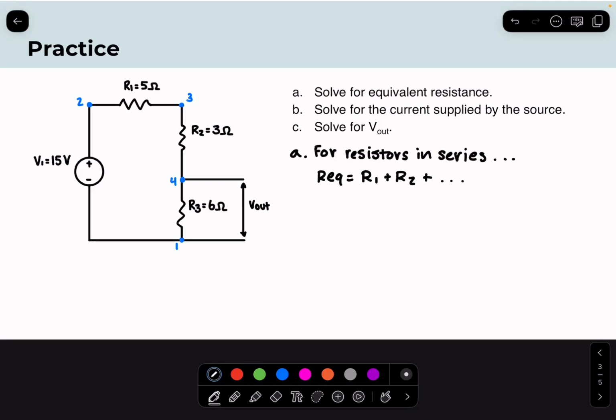There's a general equation to Rn. Applying that to this specific circuit here, the equivalent resistance is going to be 5 ohms plus 3 ohms plus 6 ohms. With some simple math in your head, that is equivalent to 14 ohms.